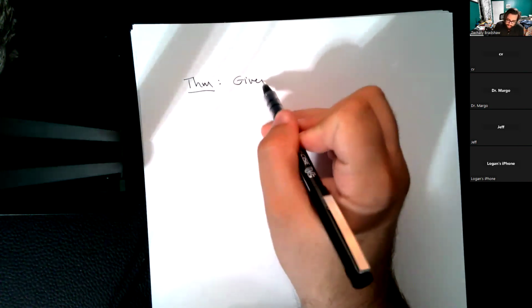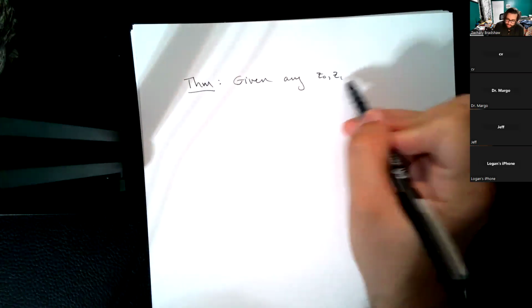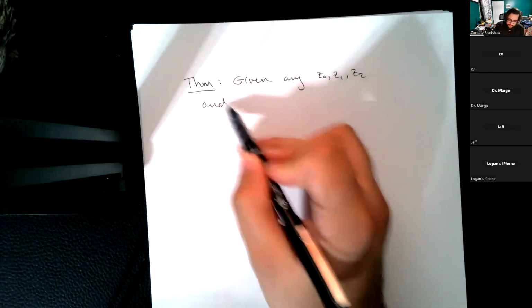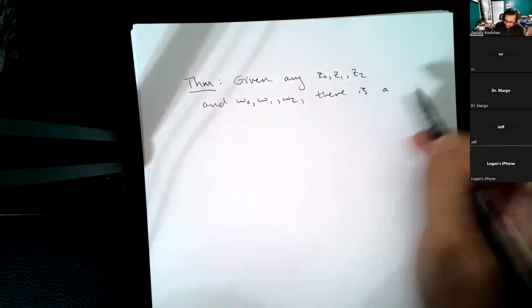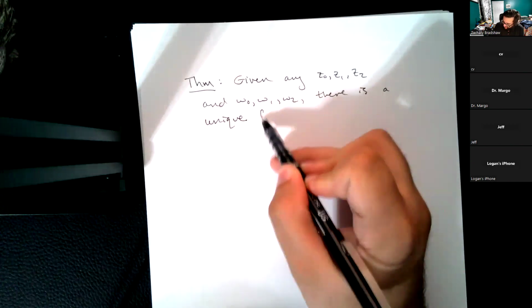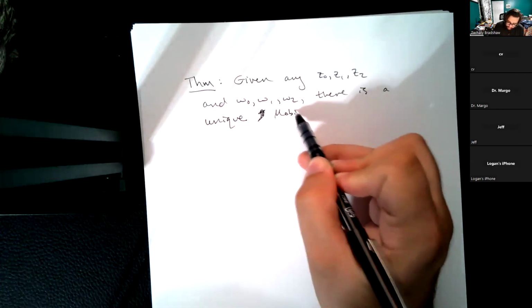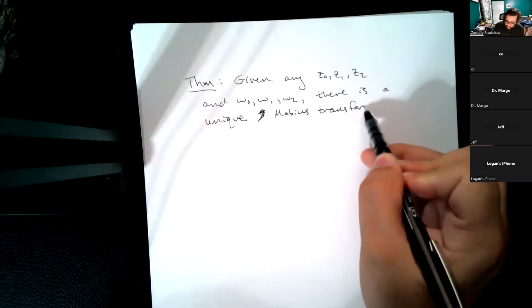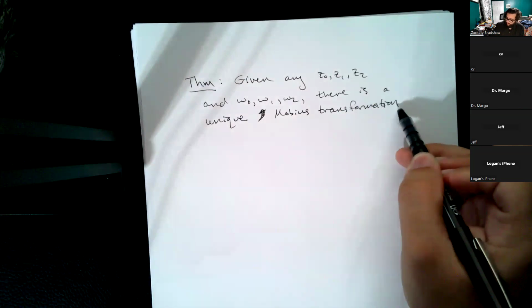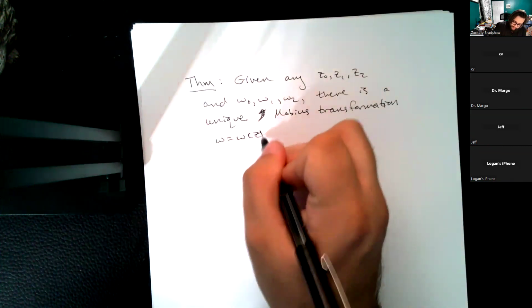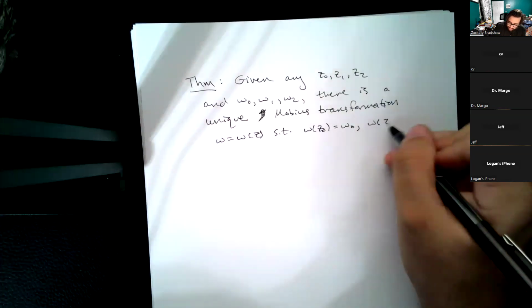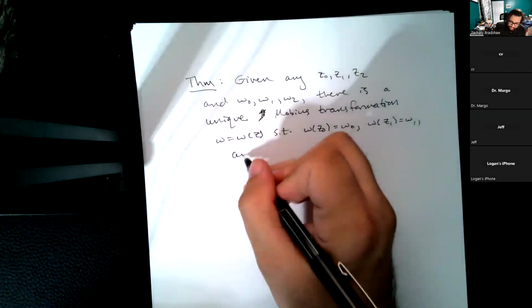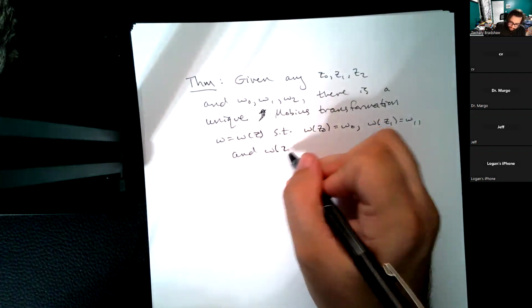I'll do an example just to illustrate it, but basically, given any z0, z1, z2, and w0, w1, w2, there is a unique Mobius transformation w equals w(z) such that w(z0) equals w0, w(z1) equals w1, and w(z2) equals w2.